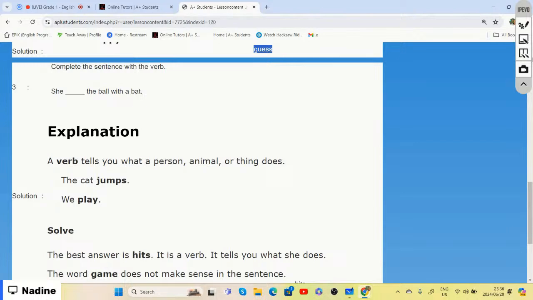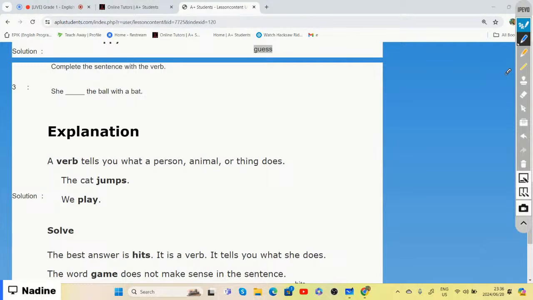All right, so we can say she hit the ball. She hit the ball because you hit a ball with your bat, right? So she hit the ball with a bat.